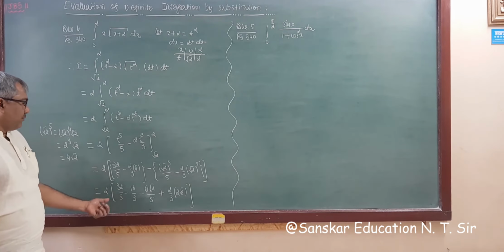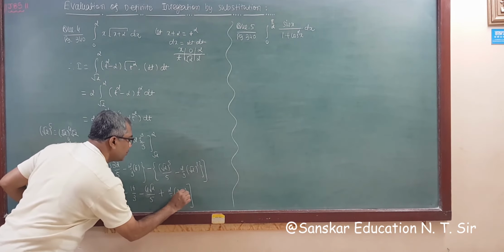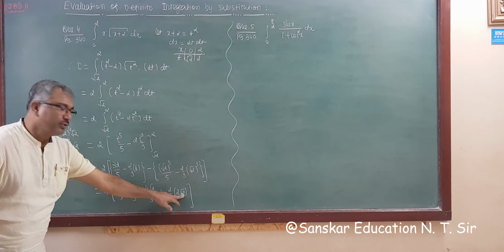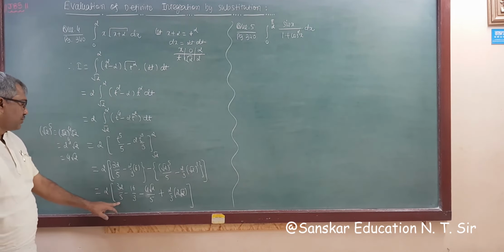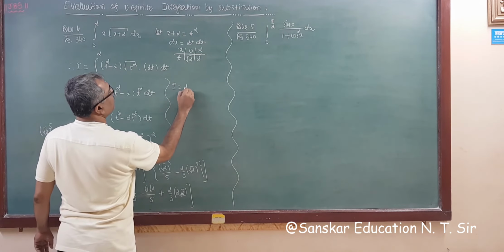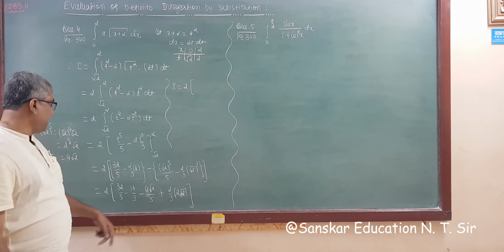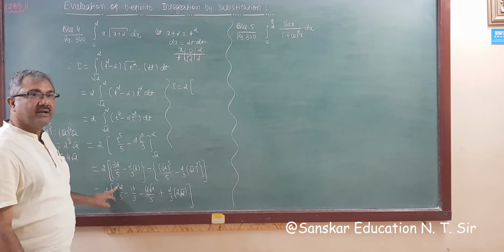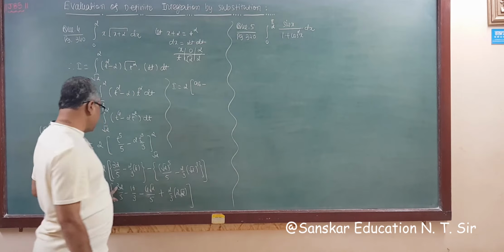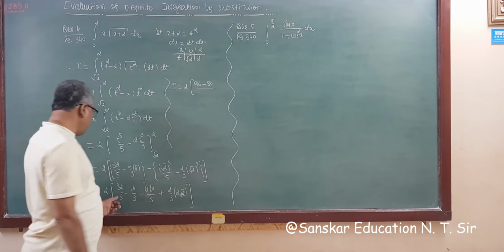So now this 2 root 2, 2 root 2, so this is 4 by 3 root 2, and this is here. So what we get? 2 times I will be 2 times. Now we have to take the LCM of this also. So taking LCM, 32 into 3 is 96, 96 minus 16 into 5, 80, divided by 5 into 3.